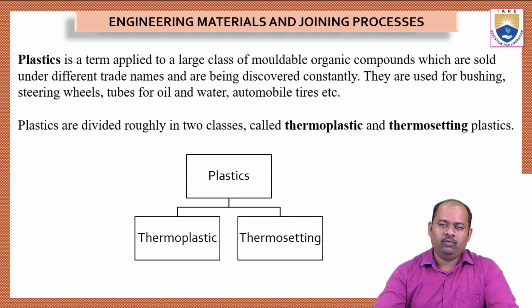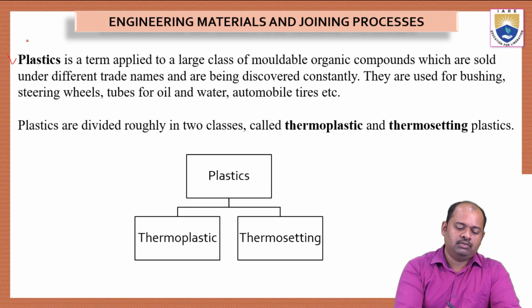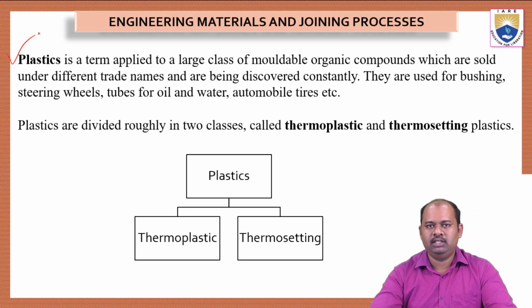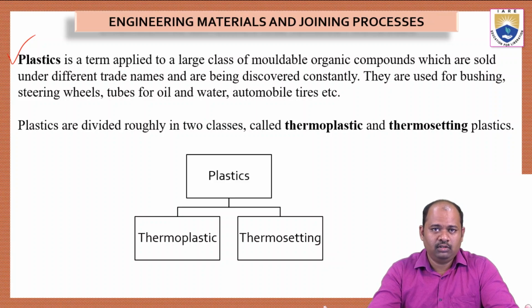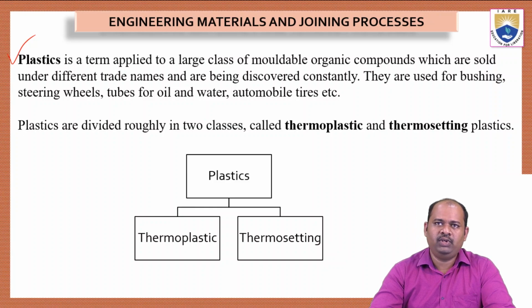And then when we talk about plastics, as we have said earlier, plastic is a very broad material which has wide applications. Plastic is a term applied to a large class of moldable organic compounds which are sold under different trade names.